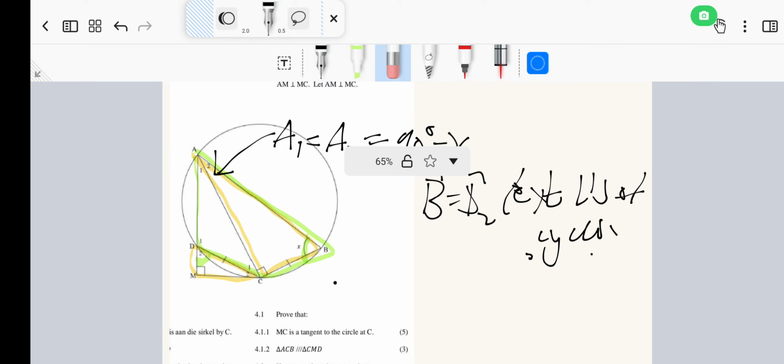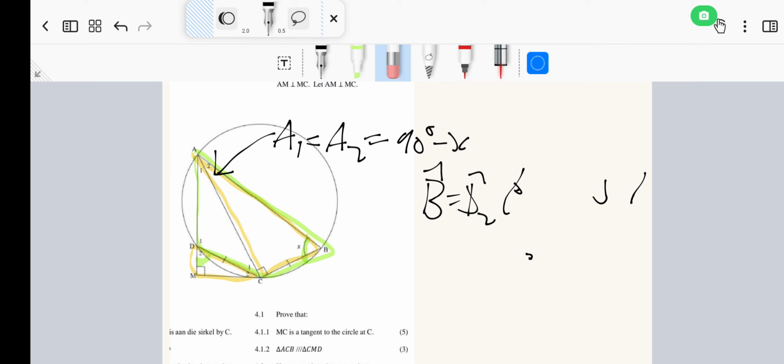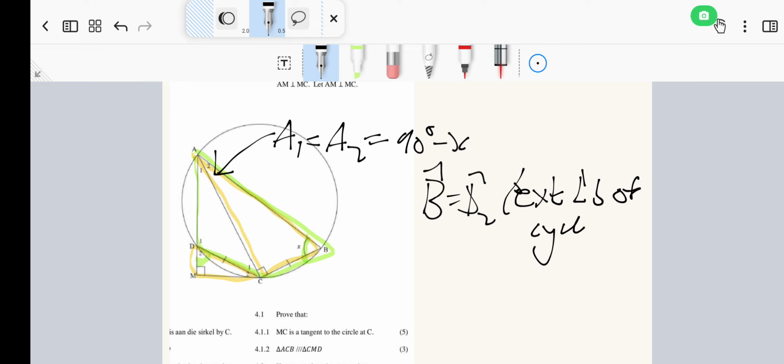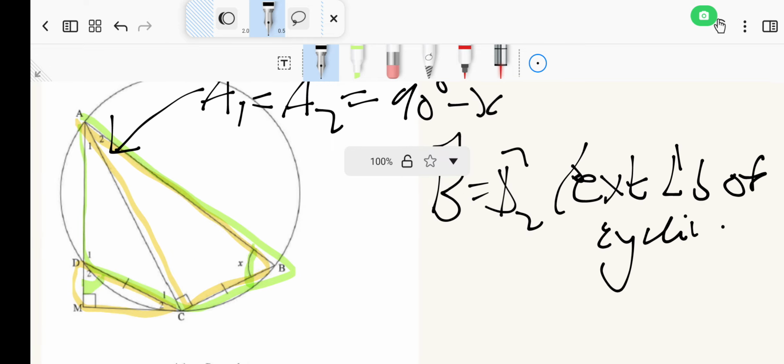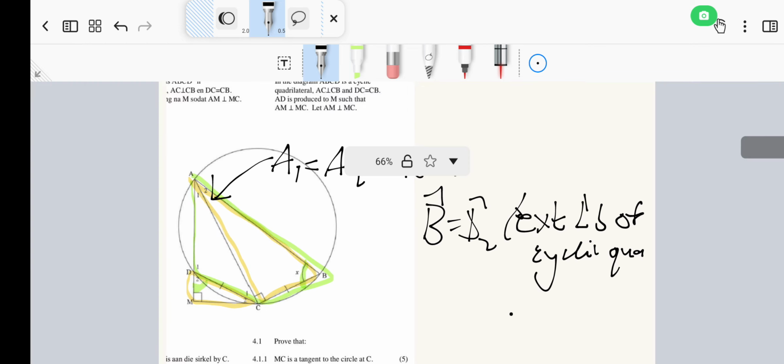Let me just erase that so it does look like what I'm saying. Right, exterior angles of your cyclic quad.